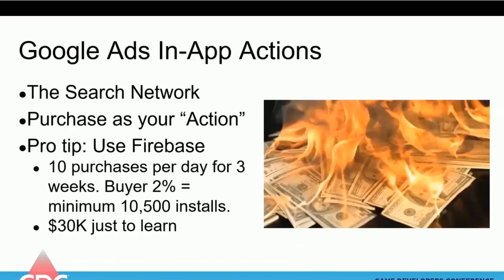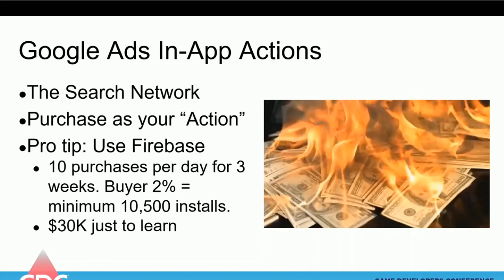Google's the next big one. Google does offer ROAS campaigns, but they're still in beta and they're still working on those. Instead, we've seen the most success with their in-app action campaigns, using purchase as our action. So instead of bidding on a cost per install, we're bidding on a cost per action, or in this case, a cost per purchase.